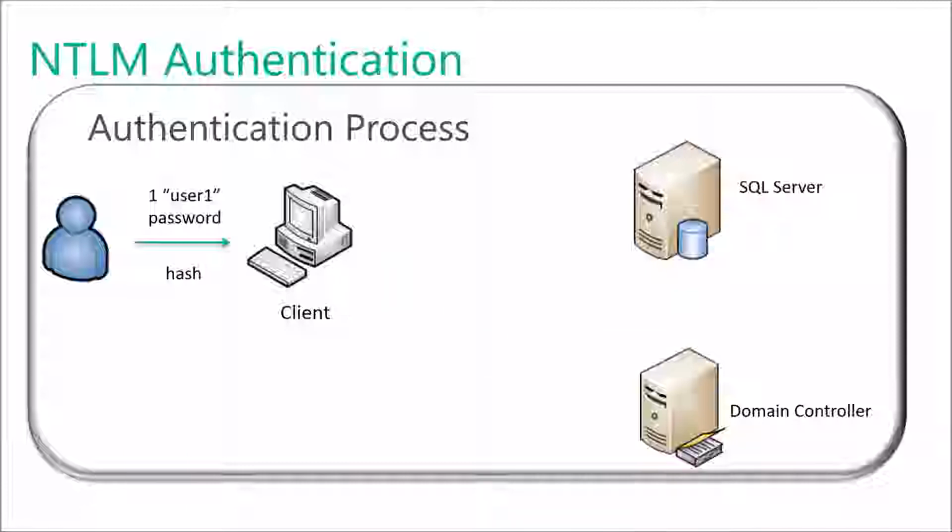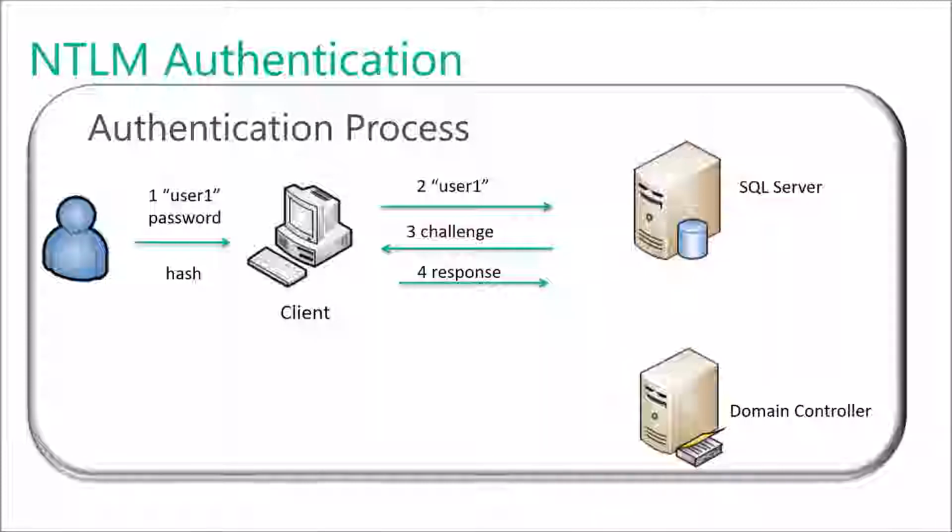The client now wants to connect to the SQL Server, so it sends the username to the SQL Server in plain text. The server generates a 16-byte random number called a challenge and sends it back to the client. The client encrypts this challenge with a hash of the user's password and returns the result to the server, and this is called the response.